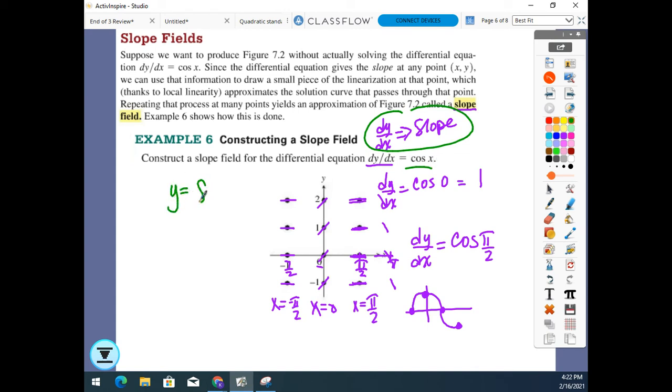The antiderivative, sine of x plus c. So what we can do is go here and follow the slopes to create our slope field.